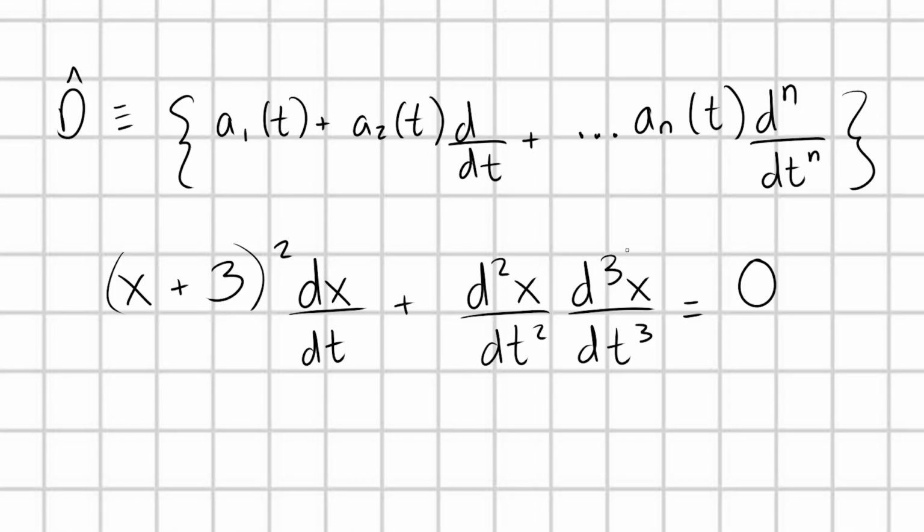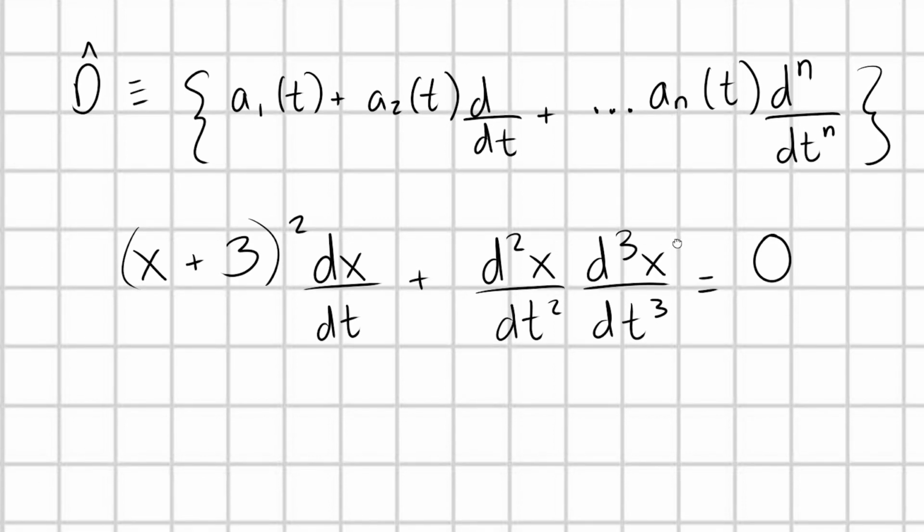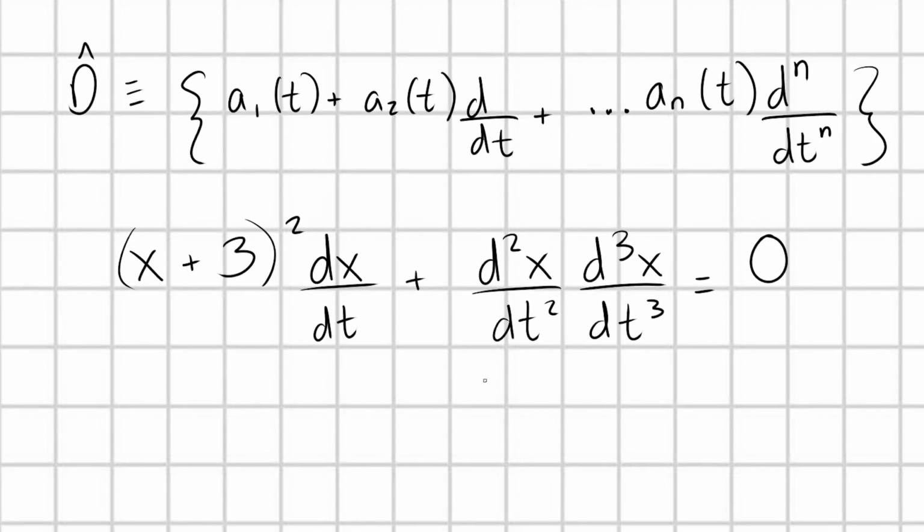And so with this notion of a differential operator, we can see it's really easy to tell when something is or isn't a linear ODE. For example, this quick example here: we can see immediately that this is a nonlinear ODE, because there's no way I'm ever going to be able to define a D hat just in terms of functions of t times nth derivatives with respect to t.